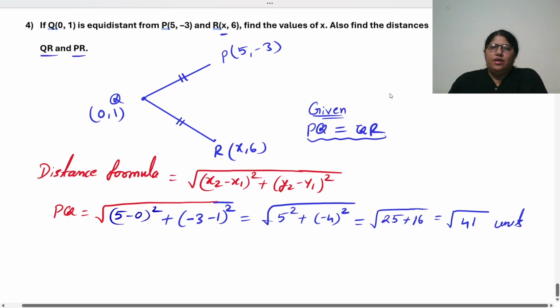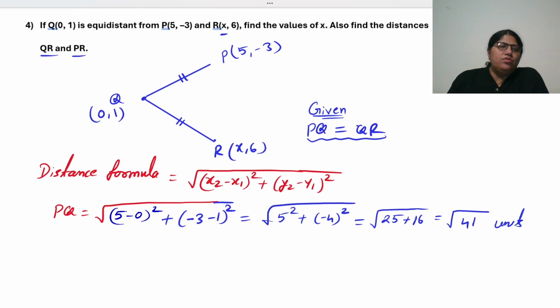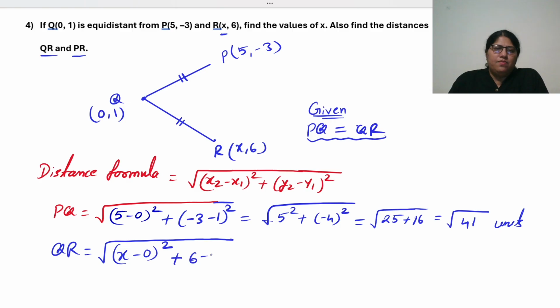Or what you can do here, you can start with PQ equals QR also. In the next question, we'll take it like that. First, I'm using the separate formula here, finding the separate length, so you understand this. What is QR? QR, if I take (x minus 0) whole square plus (6 minus 1) whole square, right?